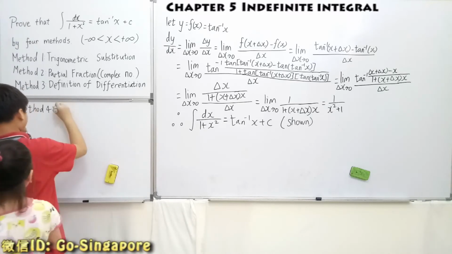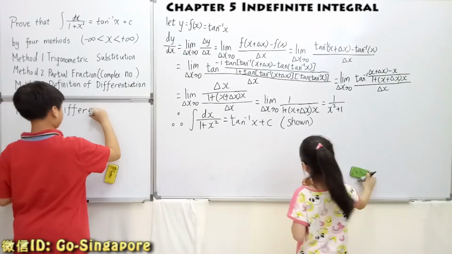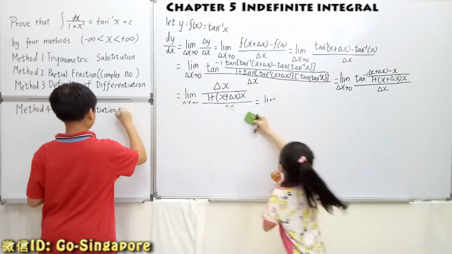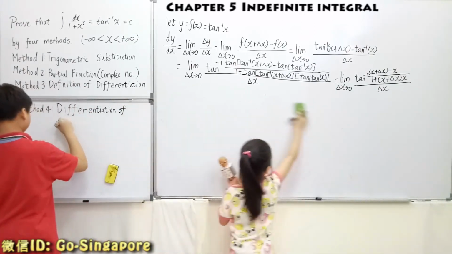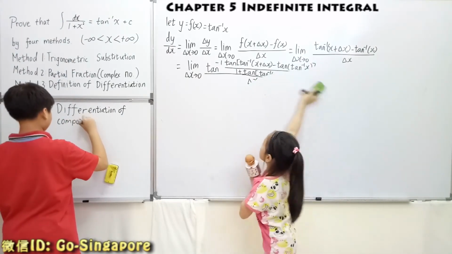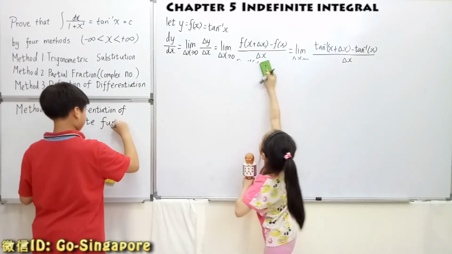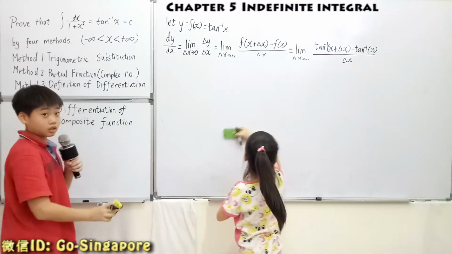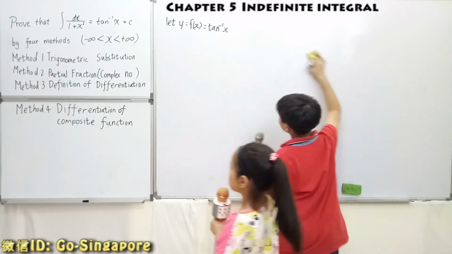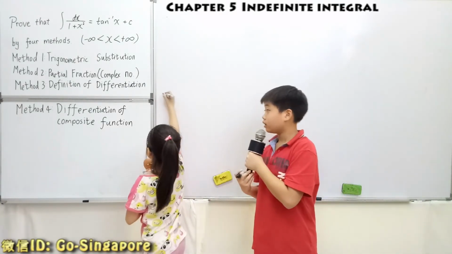So this fourth method, its name is actually very long. This is the differentiation of composite function.